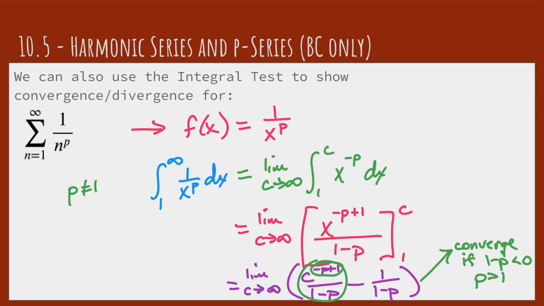So looking at this right here, if we have a series in that form, 1 over n to some power, if that power is a number bigger than 1, the series will converge. If that power is a number less than 1, the series will diverge. Also, if that power is 1, then we have the harmonic series, and it will also diverge.